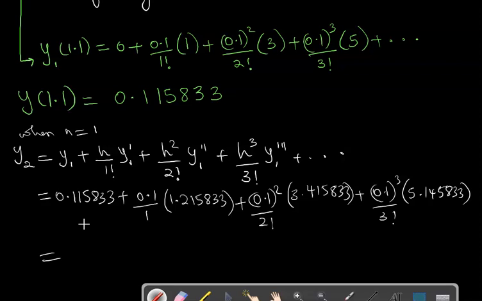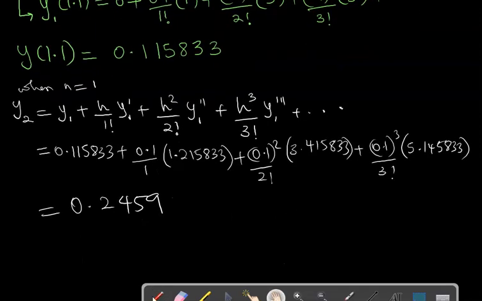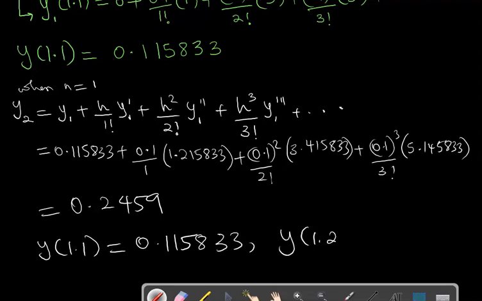So what I have here is 0.2459. So we've gotten the value that we requested: y at 1.1 is actually 0.115833 and the other, at 1.2, is actually 0.2459.